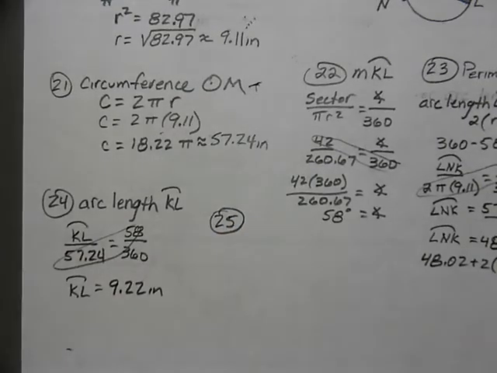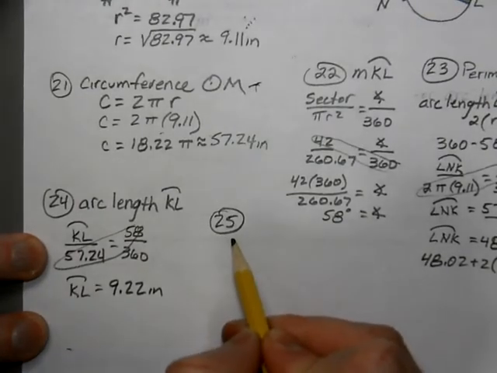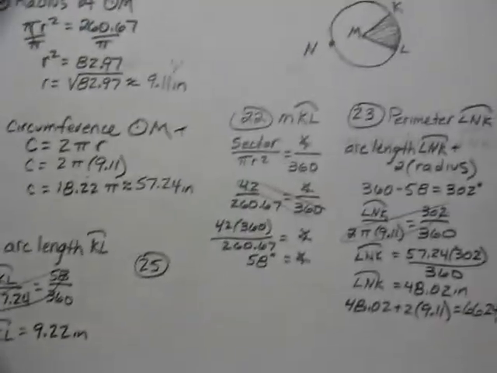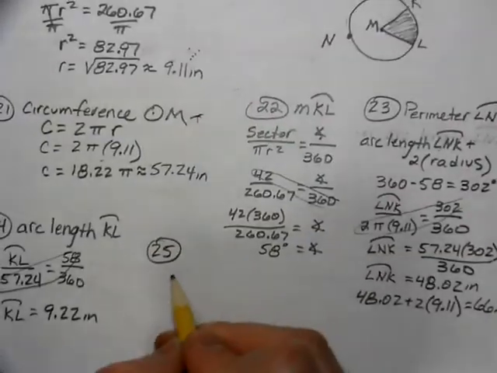Number 25. We're looking for the perimeter of the red region, which is actually the perimeter of our shaded region.